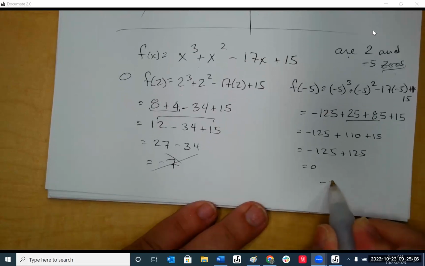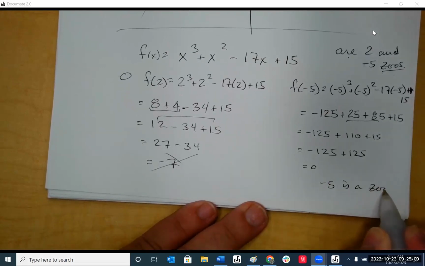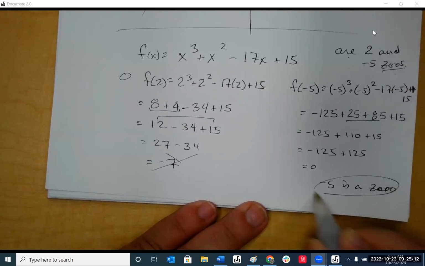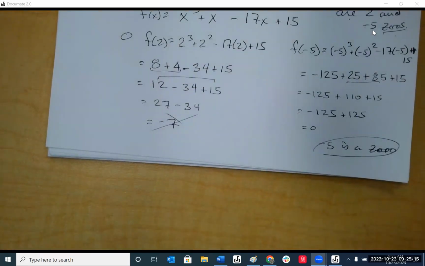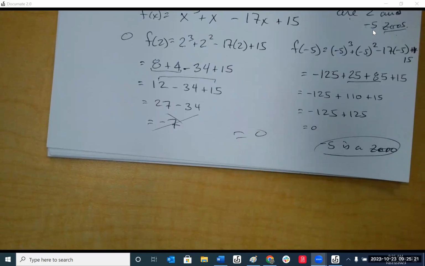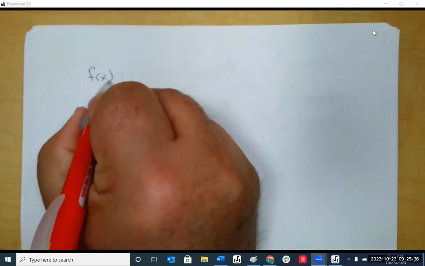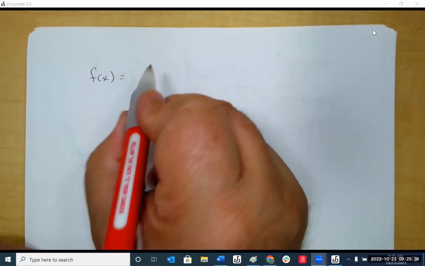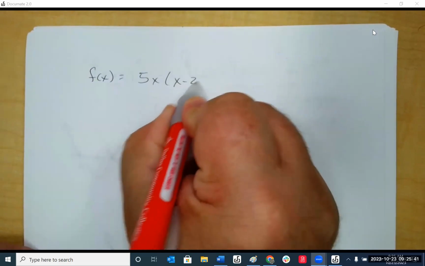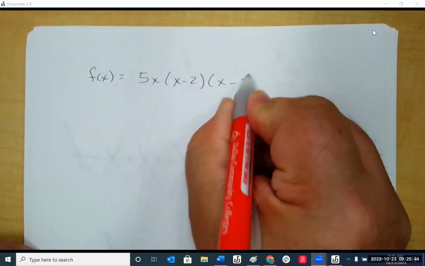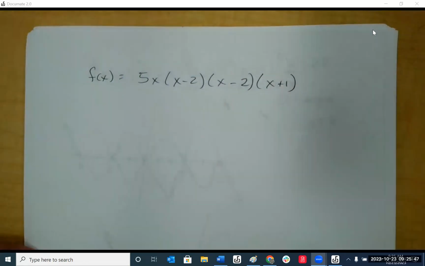Yes. So -5 is a zero. Whenever it asks you, is it a zero, plug it in there and it should equal zero. If it doesn't, it's not a zero. And actually, you've been doing this already. Find me the zeros.